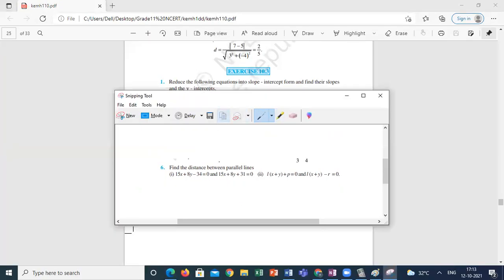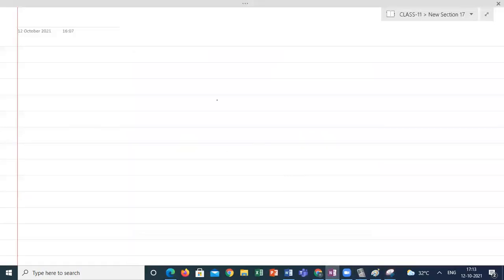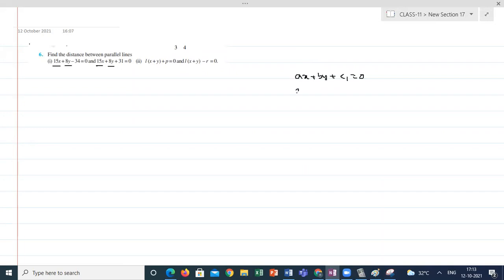Solve this question. It's a straight question. What is the formula? Anyone can read the formula and start the question. Make sure the coefficients of x and y are the same or not, and proceed. What is the formula for the distance between two parallel lines, students? Ax plus By plus C1 is equal to 0, Ax plus By plus C2 is equal to 0.